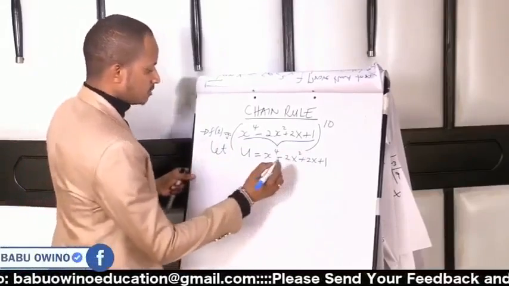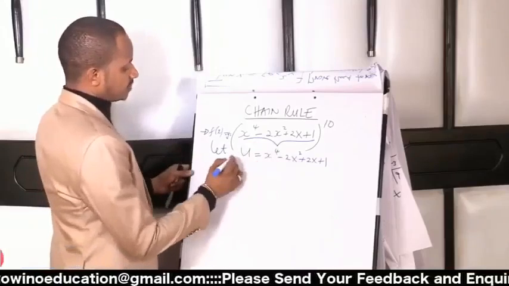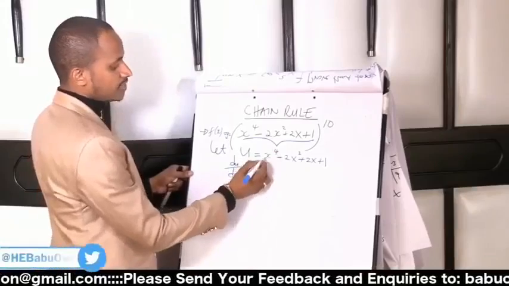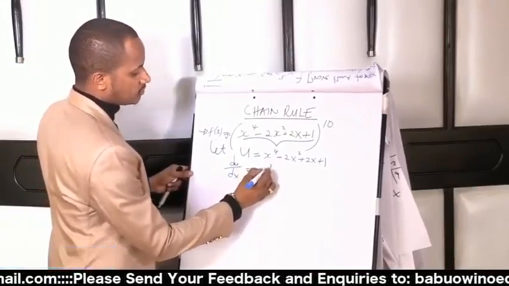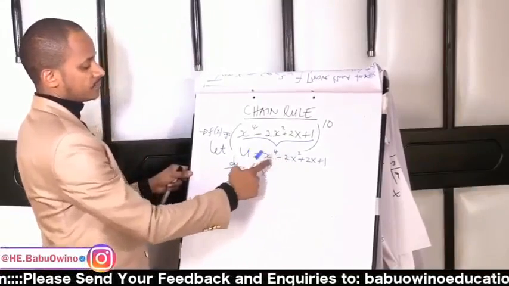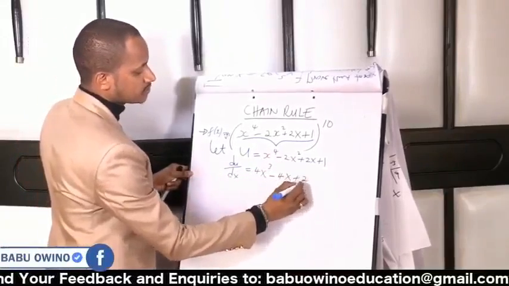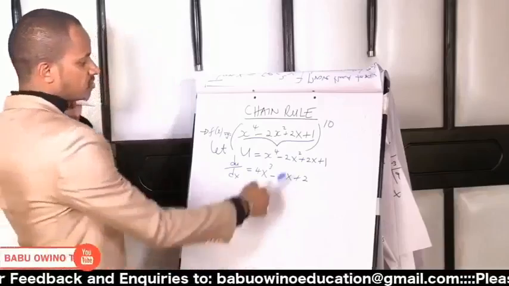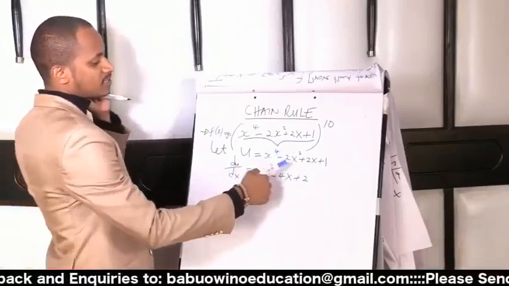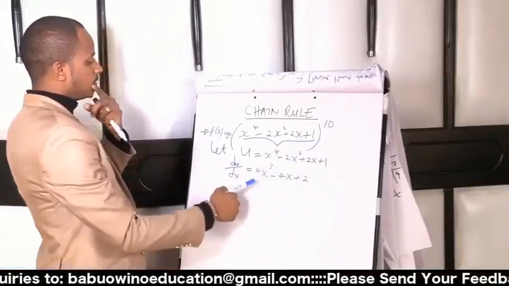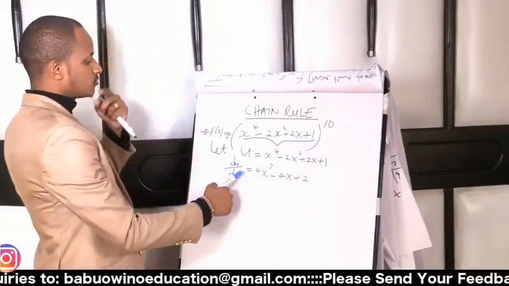What about du? Just get du dx. Du dx here is 4x cubed minus 4x plus 2. If you differentiate, you just bring down the power, multiply by the coefficient, then lessen the power by 1. So this is du dx.